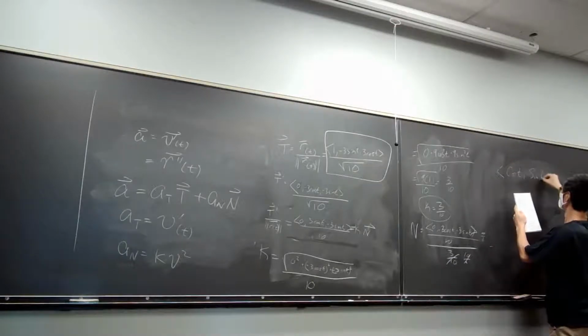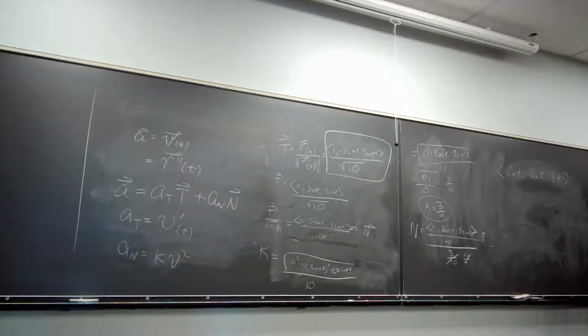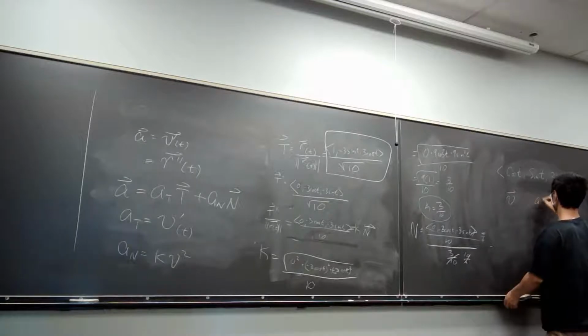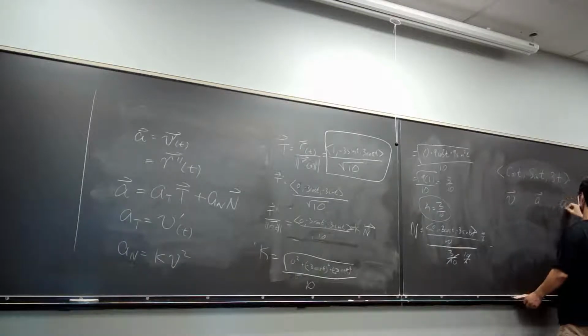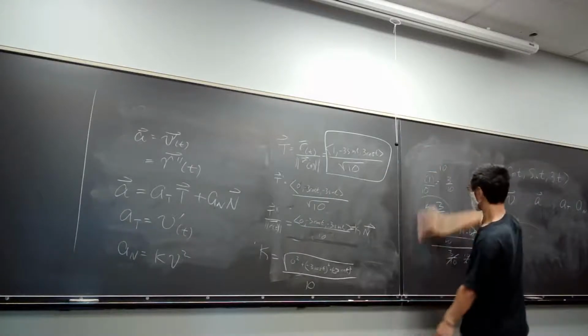Now, same thing, but just switch around. 3 goes to the t part. So let's find out a few things. What is v? What is a? And then what is at? What is an?